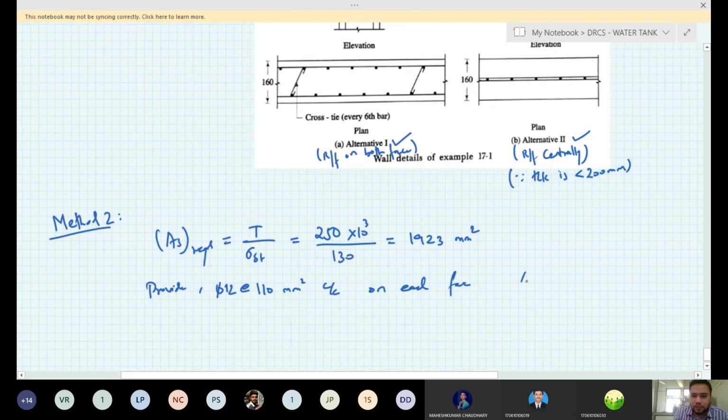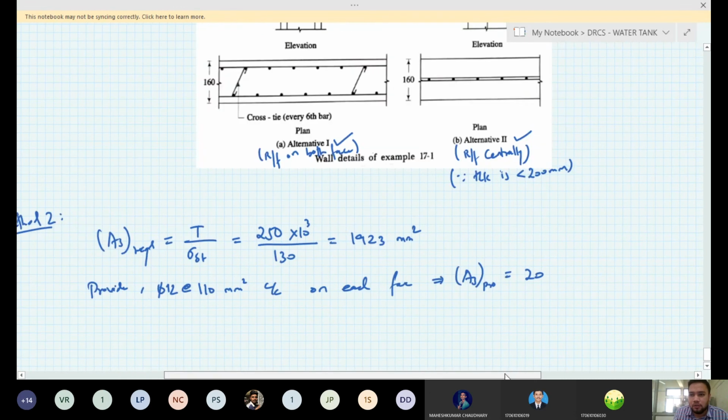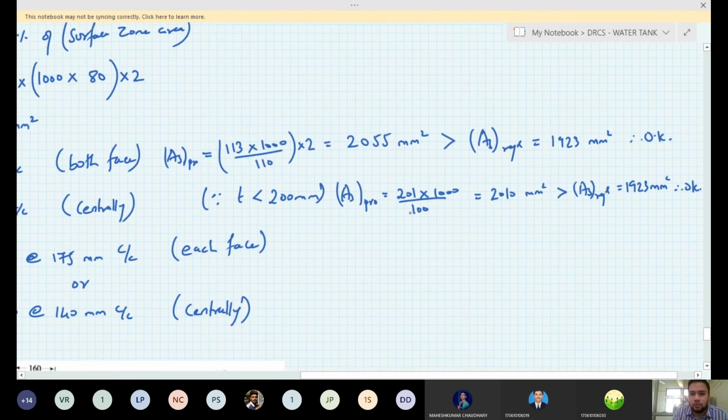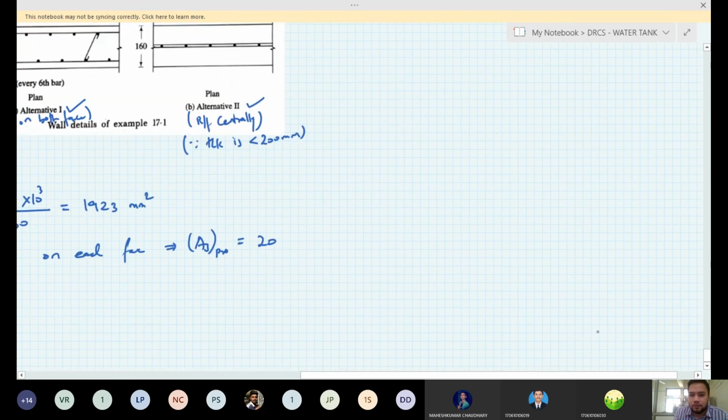So AS provided is equal to 2055 mm square, which is greater than AS required, equal to 1923 mm square. So it is okay.